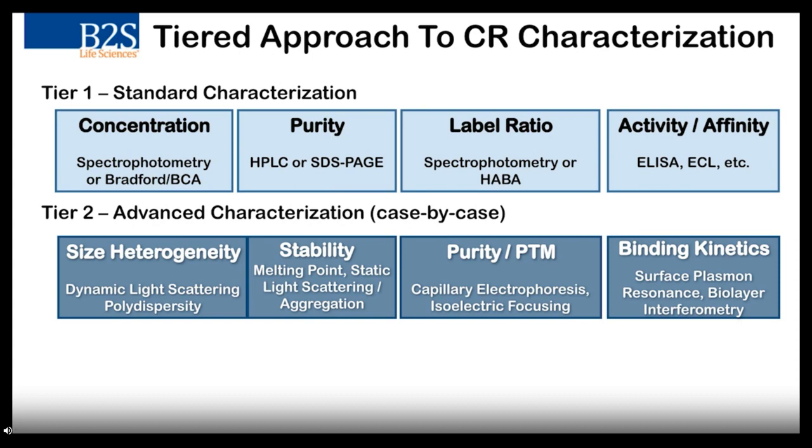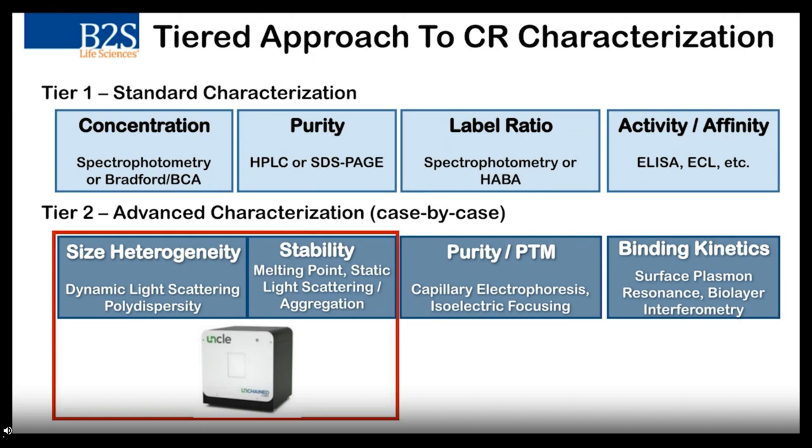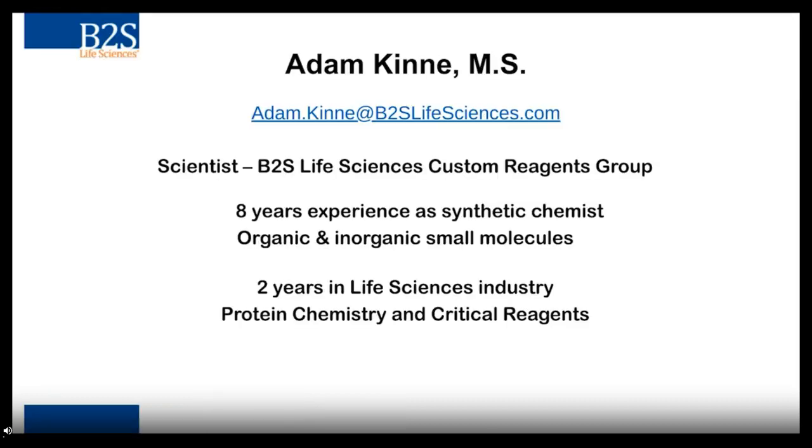When we need advanced characterization, when issues arise, when questions develop, we then have a set of advanced tools with which we can assess size heterogeneity, stability, purity, and binding kinetics. And as I said, the Uncle platform is a key element in that advanced testing.